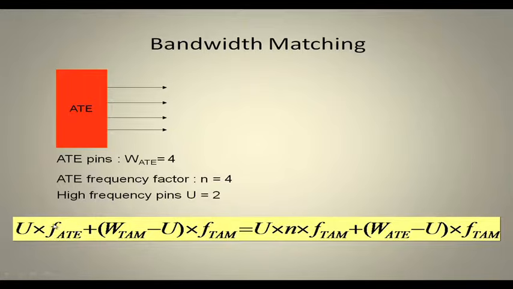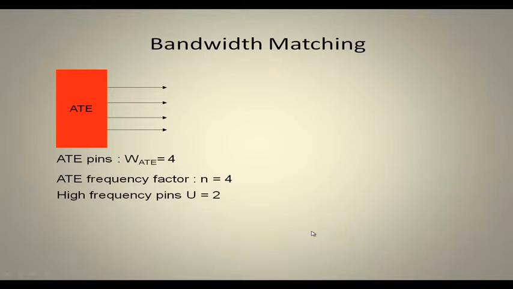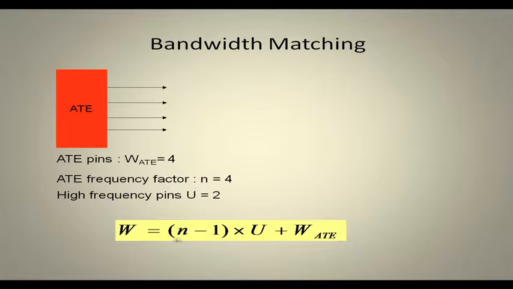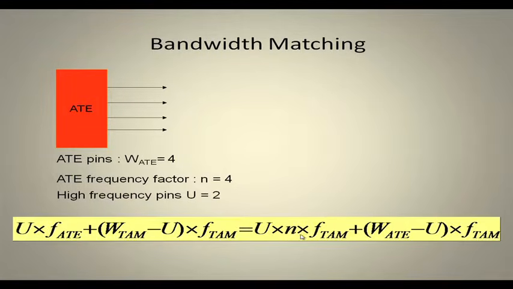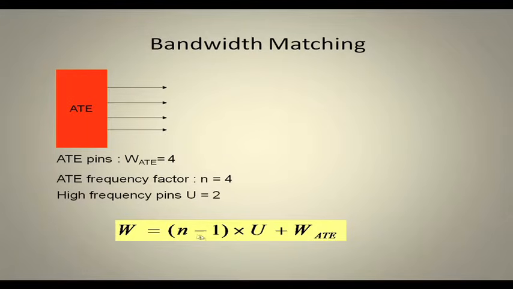So I can substitute F_ATE by n times F_TAM, and the expression becomes something like this. If you solve the expression, W_TAM must be equal to (n minus 1) times u plus W_ATE. That gives the expansion in the number of channels that we can get at the core end or the SOC end.